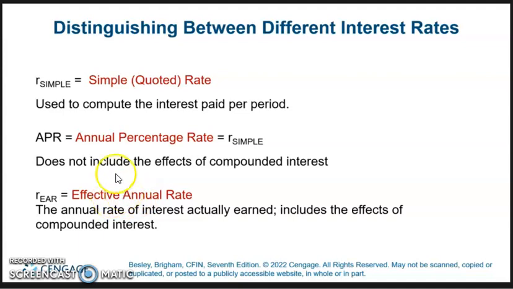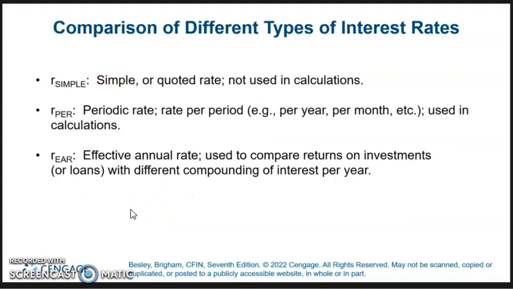And we'll see that in some calculations we do. But the APR does not include the effects of compounding. The EAR, effective annual rate, does include the effects of compounding.